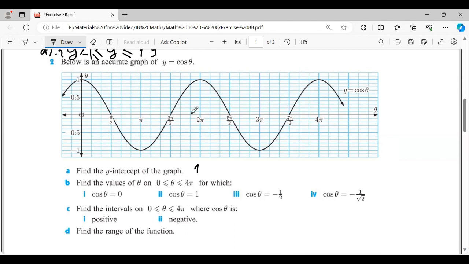Here are the values: 1, 2, 3, 4. Okay, 4 values.